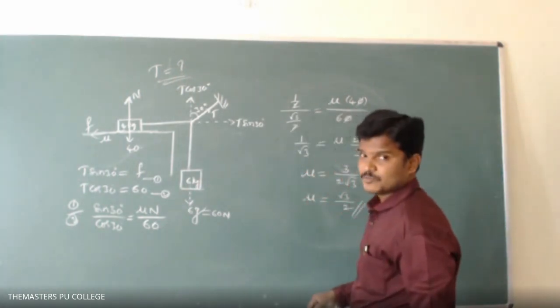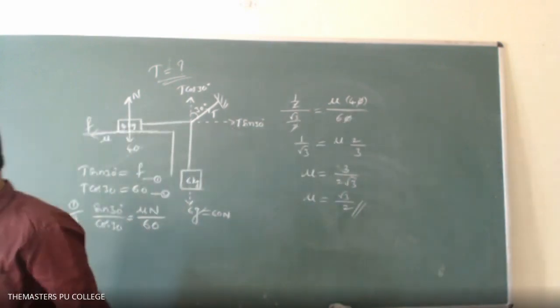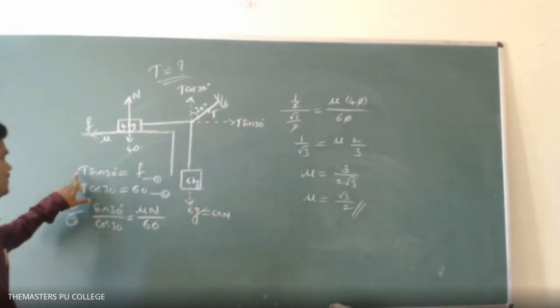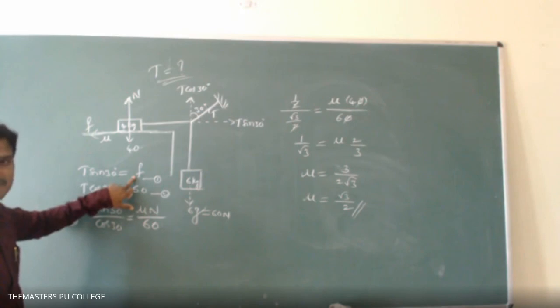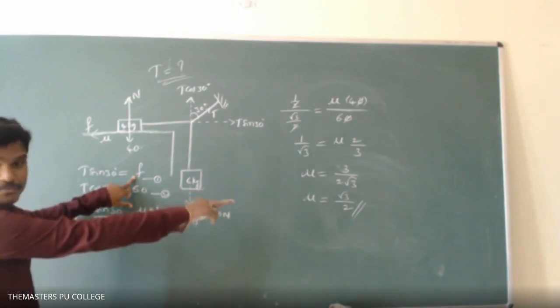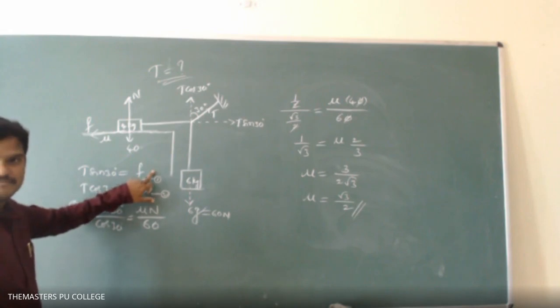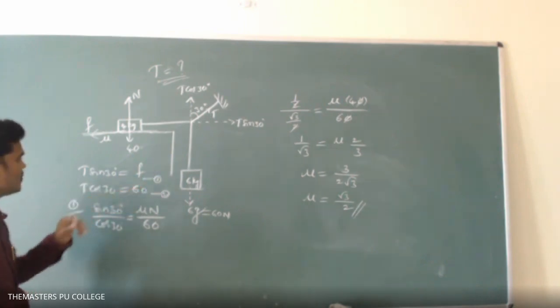Shall I write the steps on the board? Just write T into 1 by 2 is equal to mu into 40. Mu I already got as root 3 by 2. Substitute root 3 by 2 into 40; the 1 by 2 cancels. I am getting 40 root 3. Someone is telling 20 root 3? Check it.